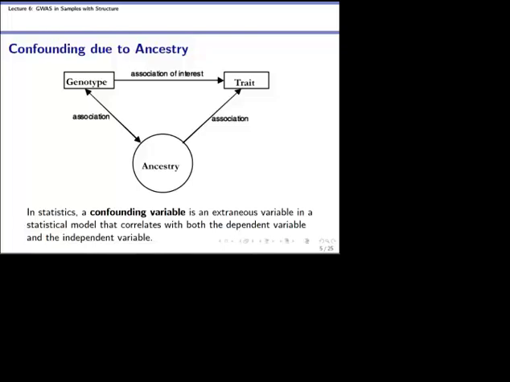Ancestry is a confounder in genetic association studies, particularly if you have a trait associated with ancestry, and you have genotype associated with ancestry, but the genotype is not directly associated with your trait. So that's something to be concerned about. And so we essentially want to control for ancestry. After adjusting for ancestry, do we see a relationship between genotype and trait?